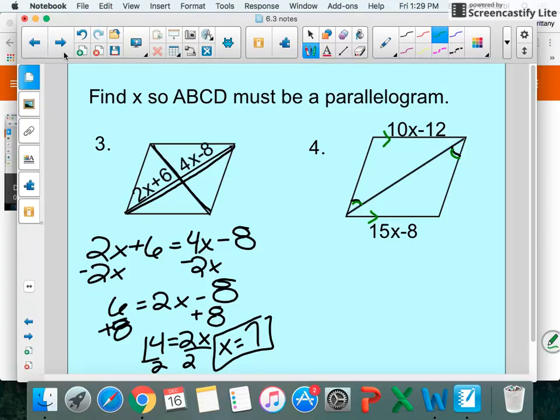So I'm going to figure out what x would be to make the sides congruent, and I am going to change this problem a little bit to a plus 12. And then I'm going to go ahead and solve. So again, in order for them to be congruent, that means they're equal to each other. So I'm going to subtract 10 from each side.